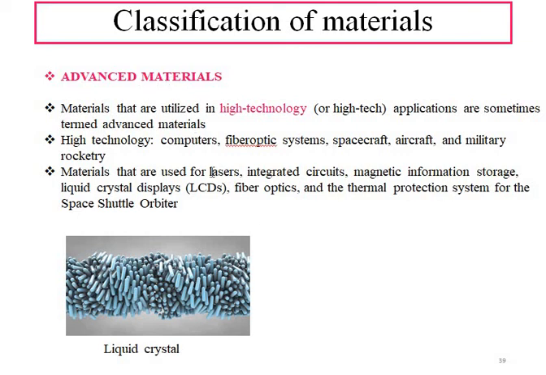There are also smart materials like MR fluid, which changes its rheology with the application of a magnetic field, and electrorheological fluids, which change their viscosity or rheology with the application of an electric field.